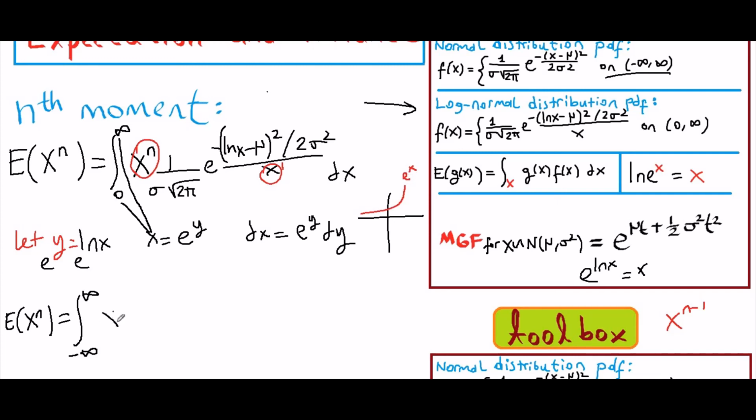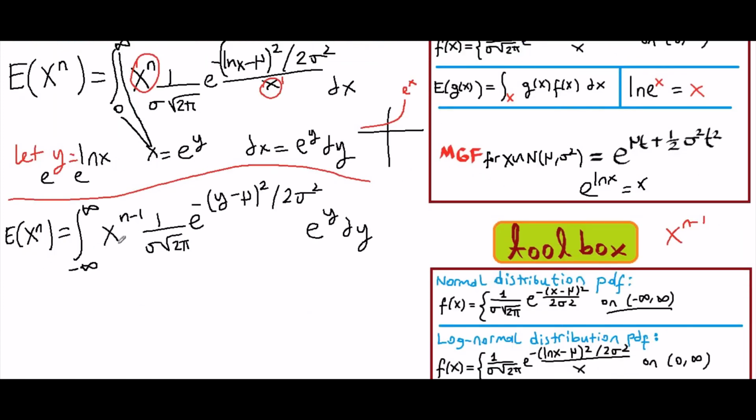Now we have x raised to n minus 1 times the PDF. Instead of ln of x, we have y, and instead of the x, we have e raised to y. Now we also replace x with e to the y. So instead of x, we have e raised to y.